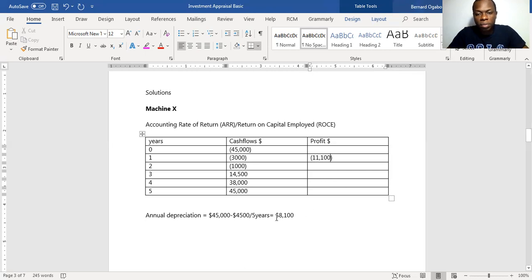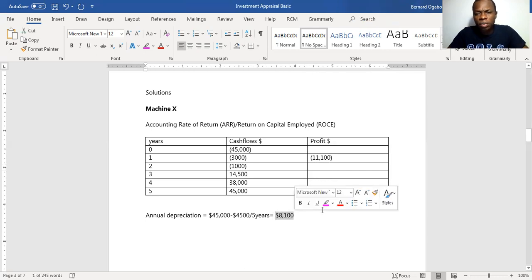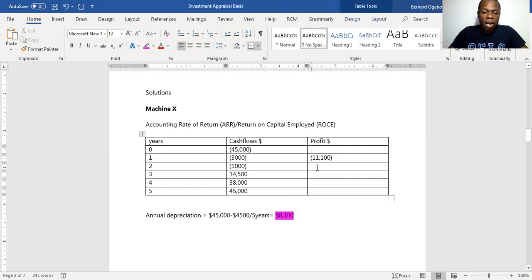Take note that annual depreciation is 8,100, so I'm going to use it to affect these individual figures. I have this for year 2, a loss of 1,000 plus 8,100, that is going to be 9,100. I have a profit of 14,500 minus 8,100. That gives me 6,400 positive.